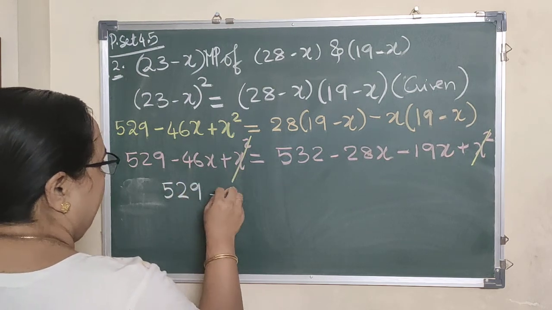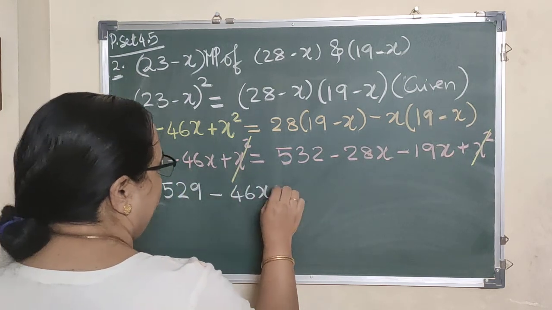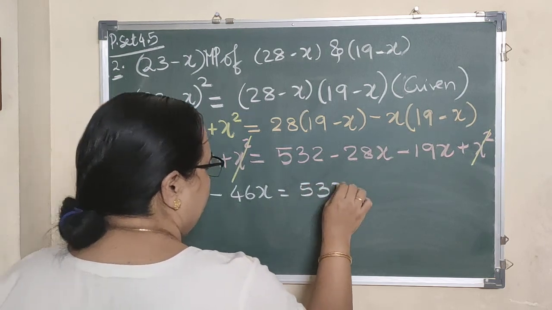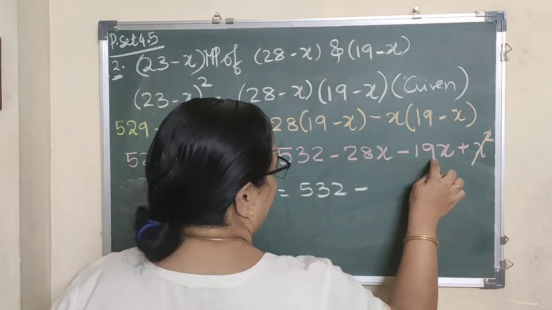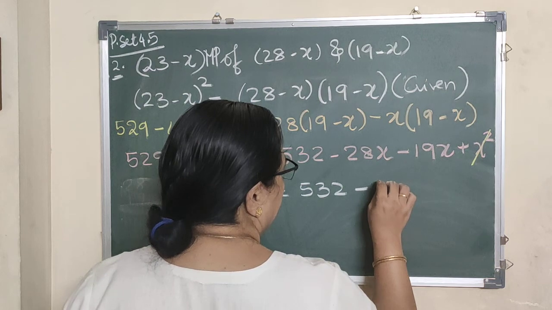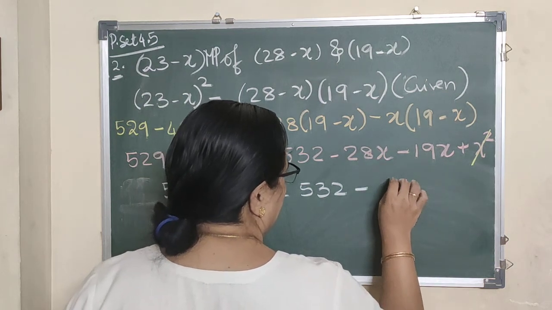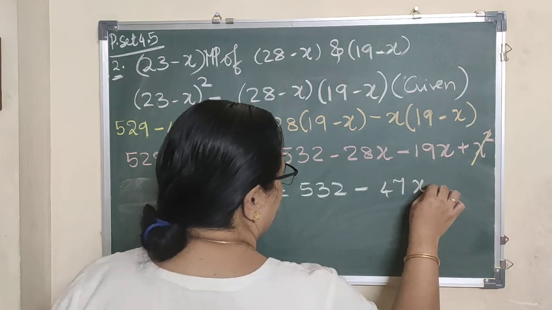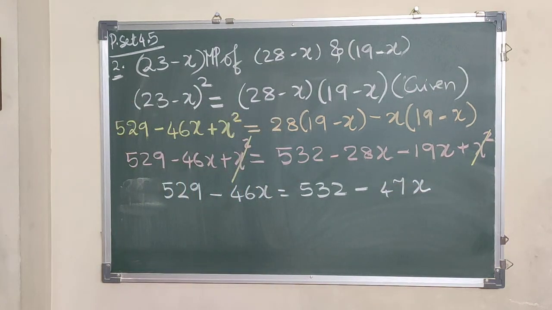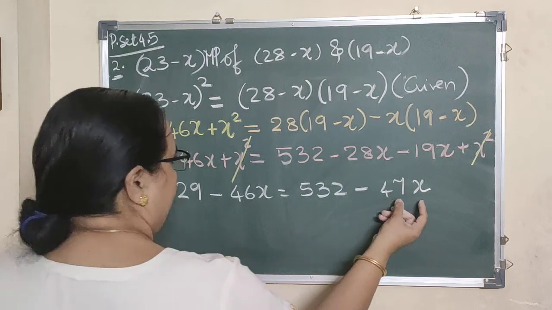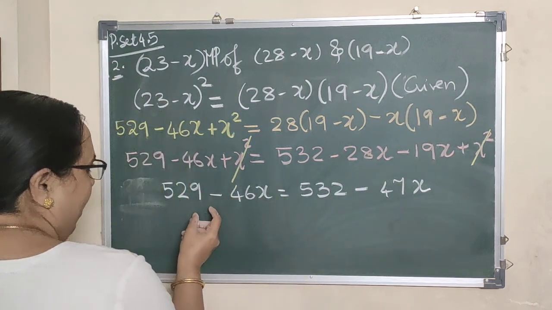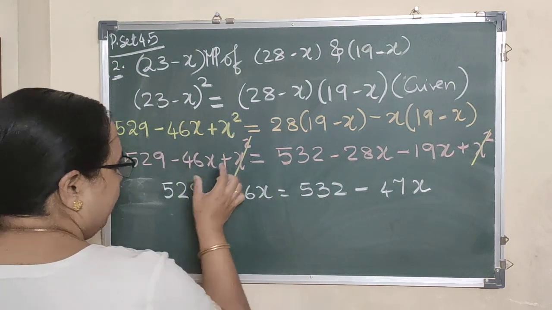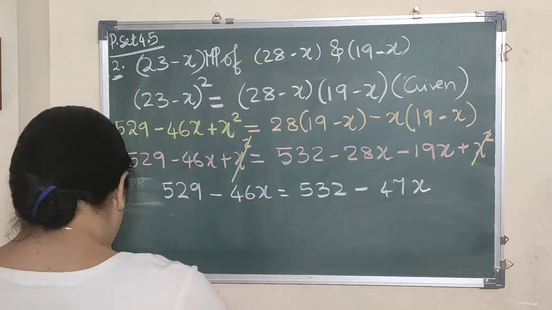529 minus 46x equals 532 minus. When I calculate this, I will get 9 plus 8, 17, 47x. So we bring 47x from that side to this side, it becomes plus. 529 will go from this side to the other side, so it becomes minus.